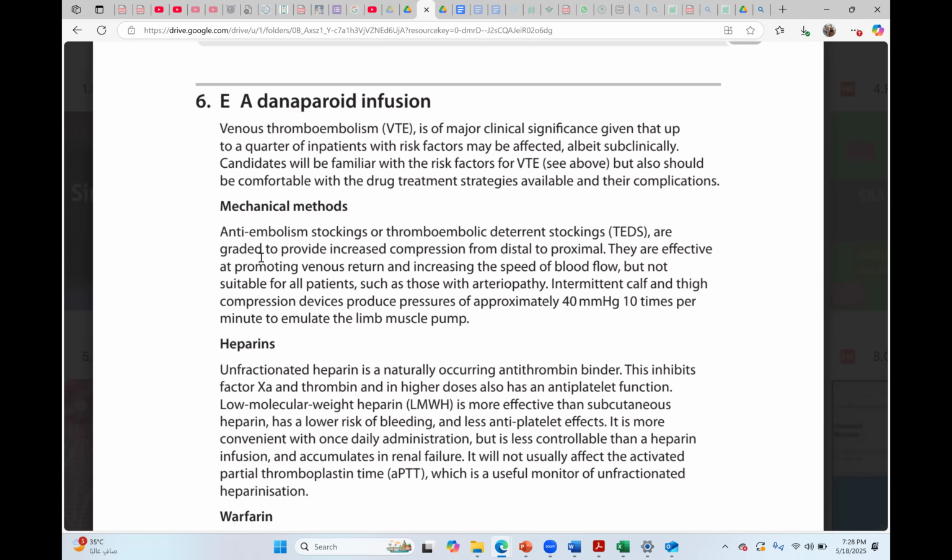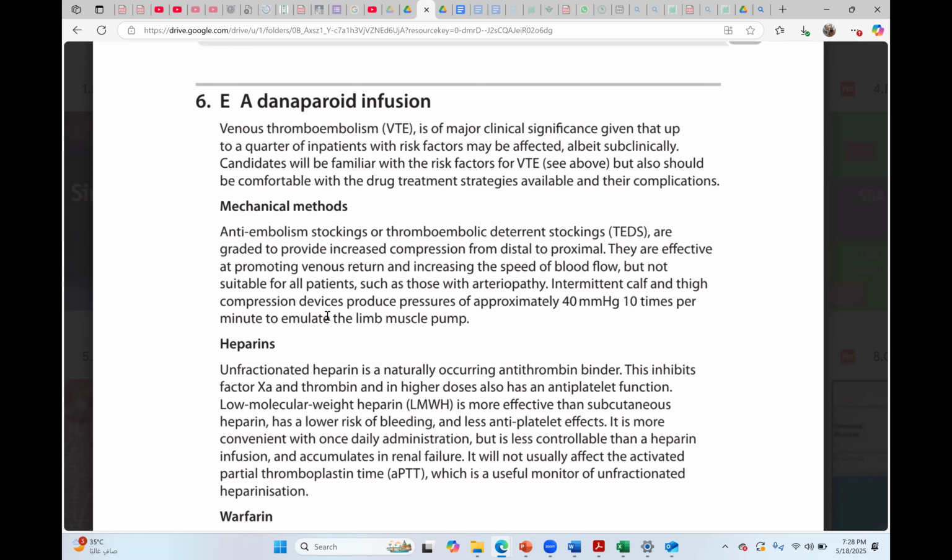Okay, so mechanical methods, embolism stockings or thromboembolic stockings, TEDs, okay, are graded to provide increased compression from distal to proximal. They are effective at promoting venous return, increasing the speed of blood flow, but not suitable for all patients, such as those with arteriopathy. The arteriopathy means there is some insufficiency. So if you compress it, it can create some problem.